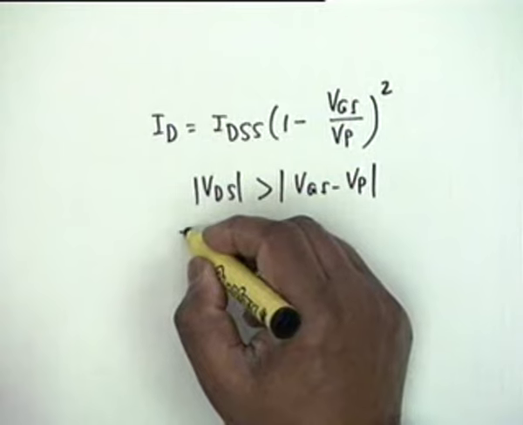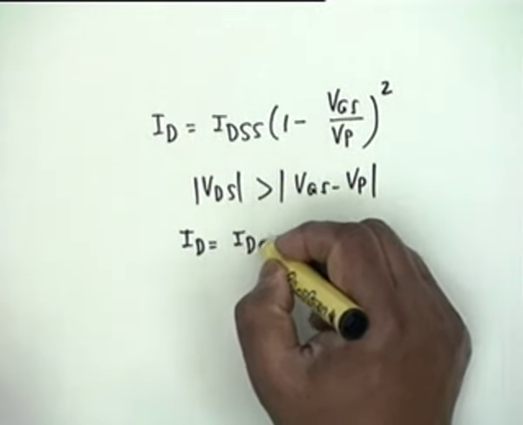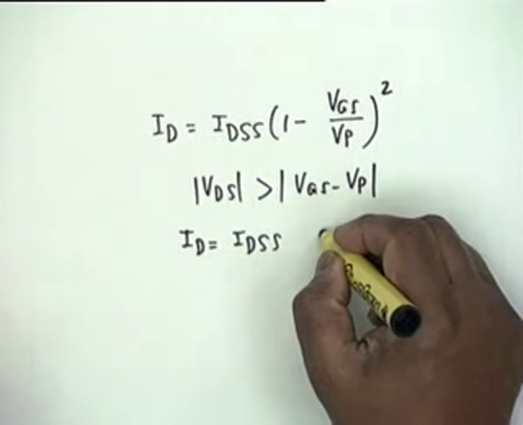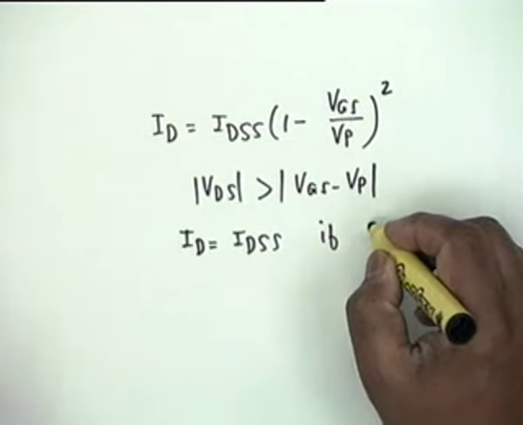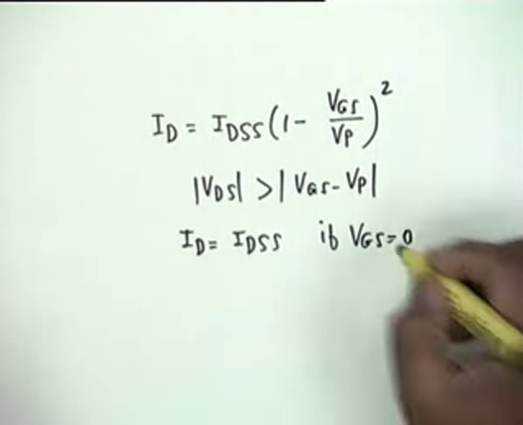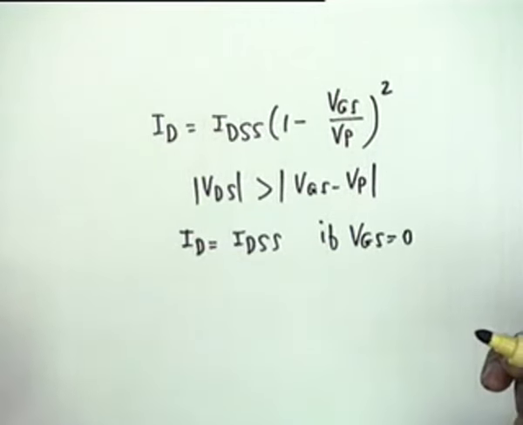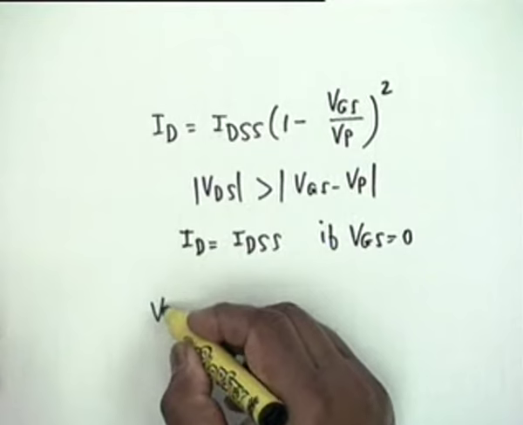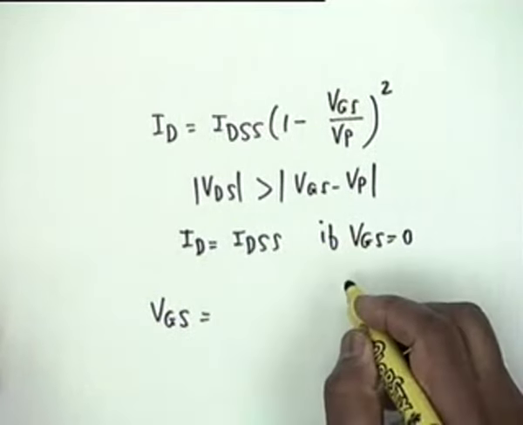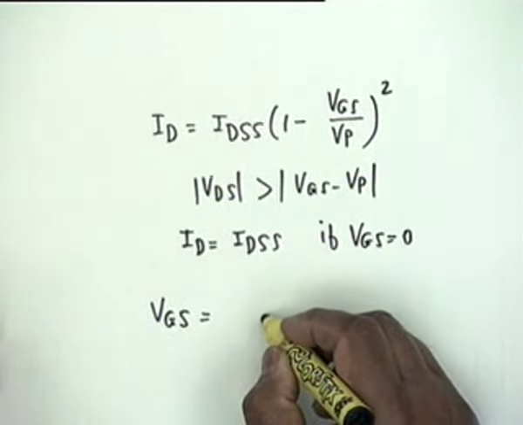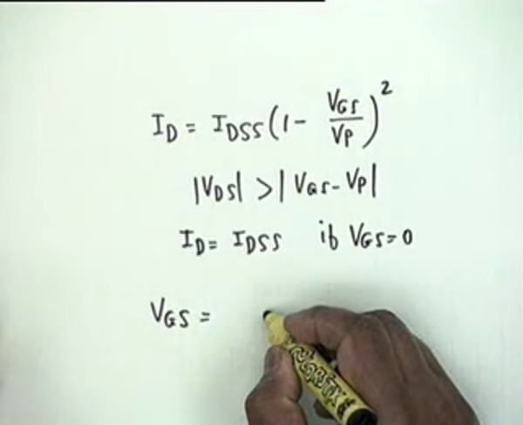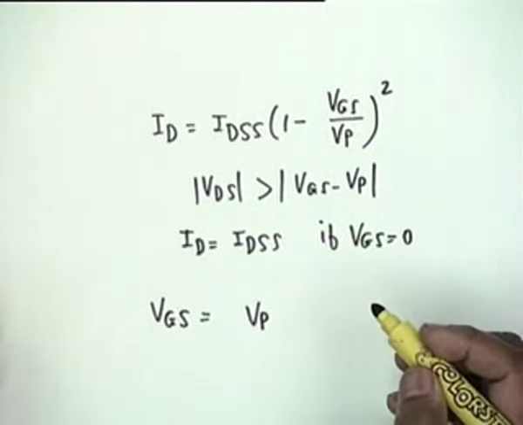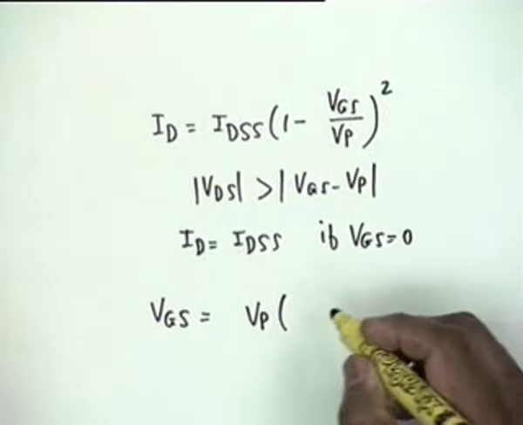And you see that ID equals IDSS if VGS equal to 0. That is, if you recall the characteristics, for VGS equal to 0, the value of the current is IDSS. From this relationship, we can find out VGS as equal to VP multiplied by (1 minus square root of ID by IDSS).